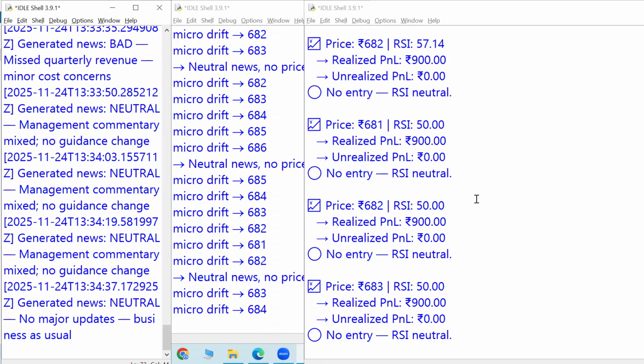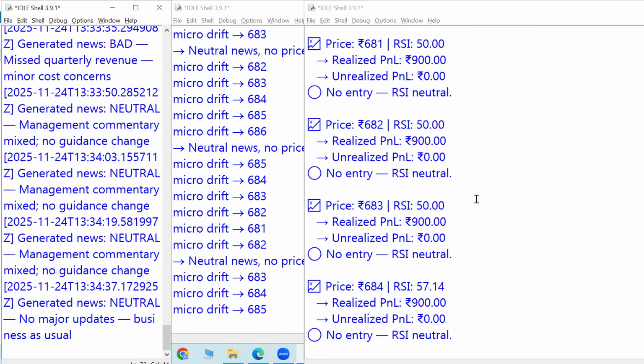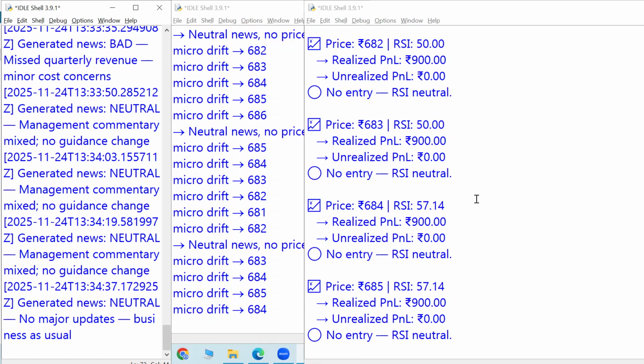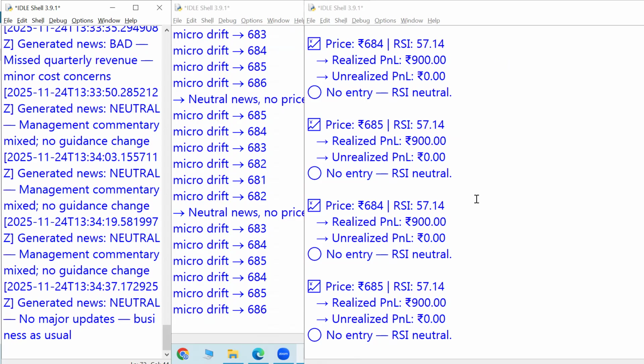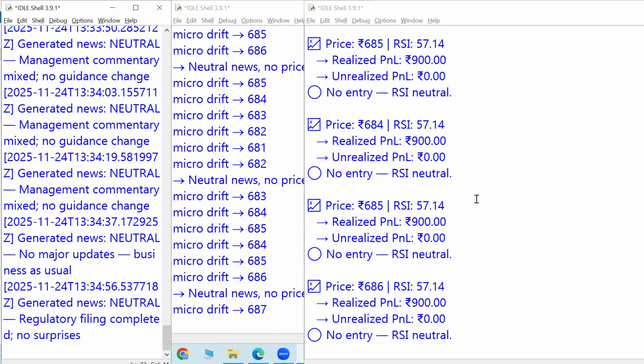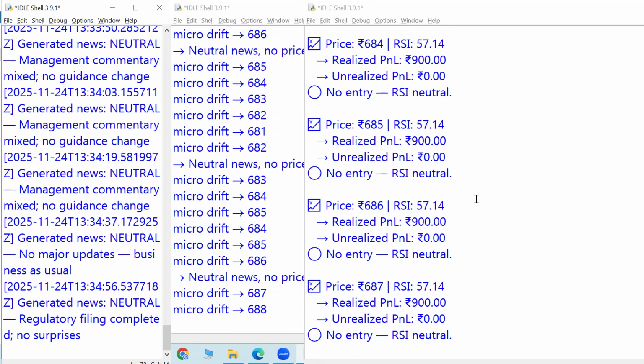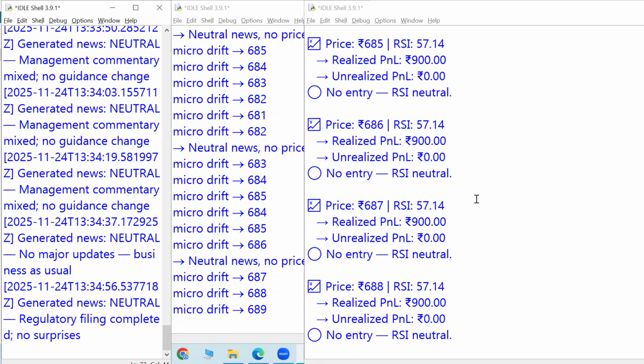Okay, we basically end the position because the RSI has come above 50. So that's why the position has been closed by the RSI logic. It's working so beautifully. It's showing an actual market scenario.